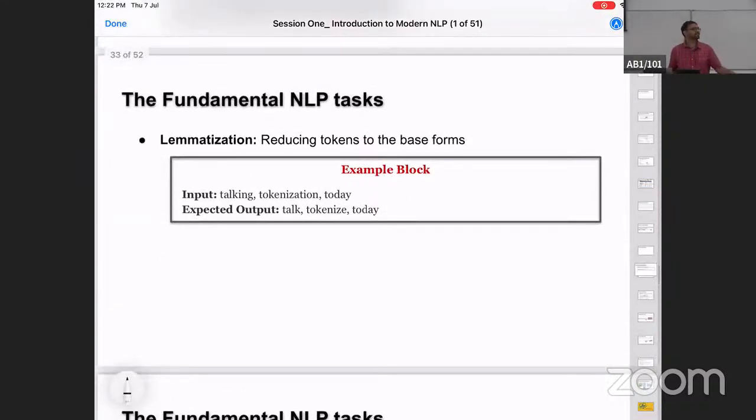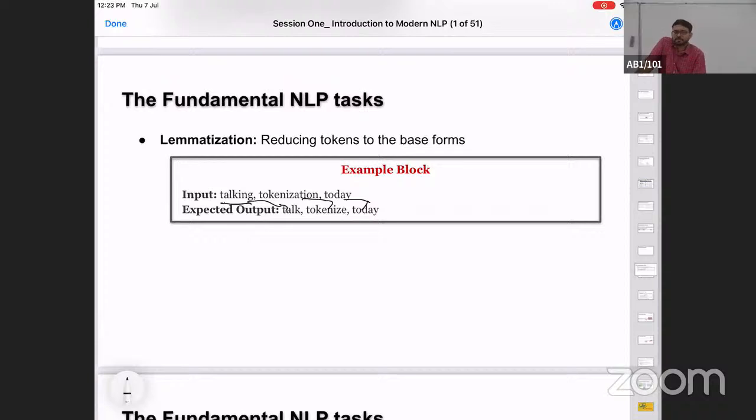The third very popular task is called lemmatization or stemming. I will tell you the difference in the next class, right? So this is called lemmatization, where you want to reduce a word into its base form. So if you have a sequence of tokens like talking, tokenization, and today, then you want to convert them into talk, tokenize, and today.